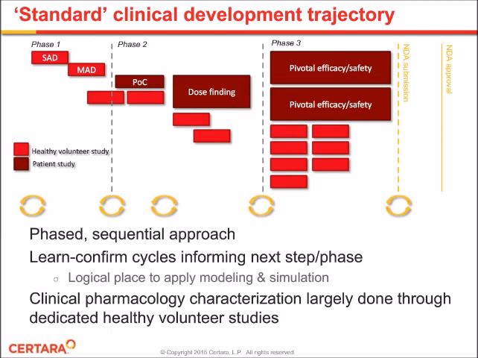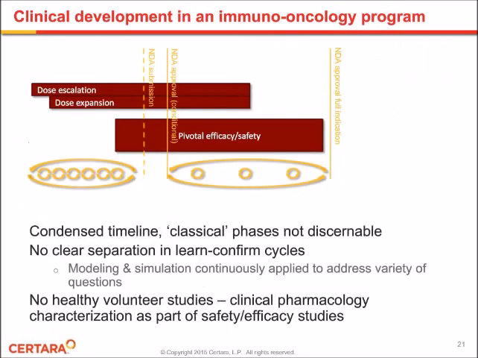However, if we then look at clinical development in immuno-oncology, and this is an abstraction of one of the recent programs in that area, which wasn't much more than essentially 2 studies, both big studies, but one being a phase 1b study in patients, starting off with the dose escalation followed by dose expansion, looking at several doses still.